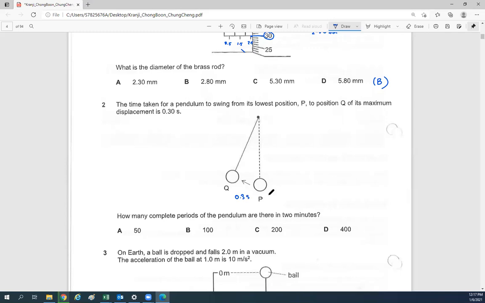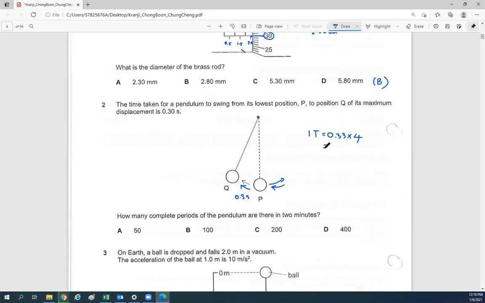Now, one complete oscillation is 1, 2, 3, and 4. So one period is actually 0.3 times 4, because there's 1, 2, 3, 4.